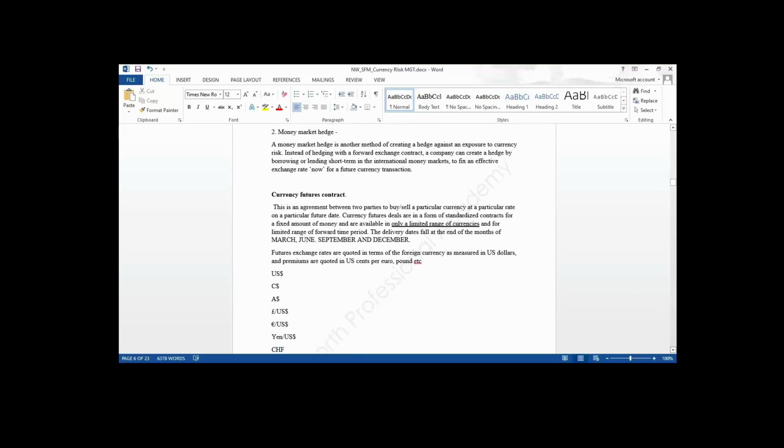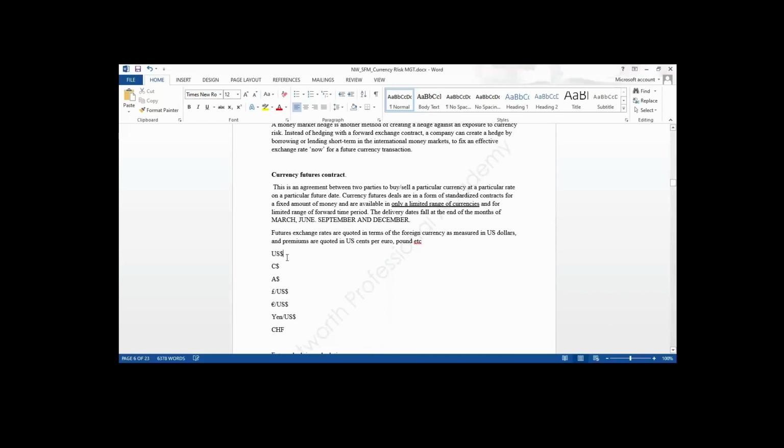What are these currencies? Number 1, United States dollar, number 2, Canadian dollar, number 3, Australian dollar, number 4, British pound sterling, number 5, euro, number 6, Japanese yen, then number 7, CHF.